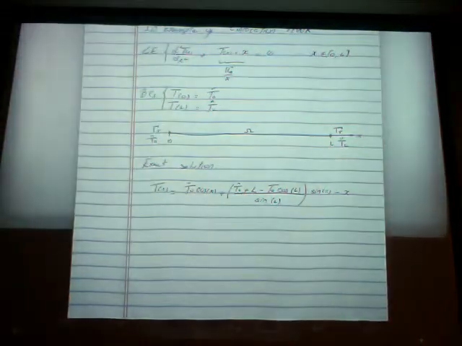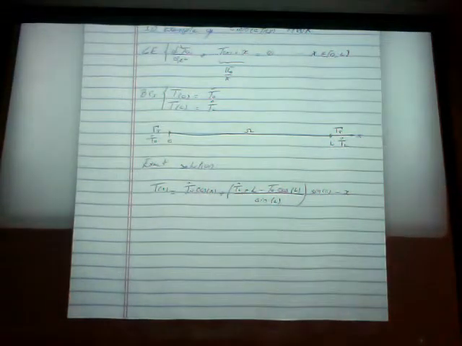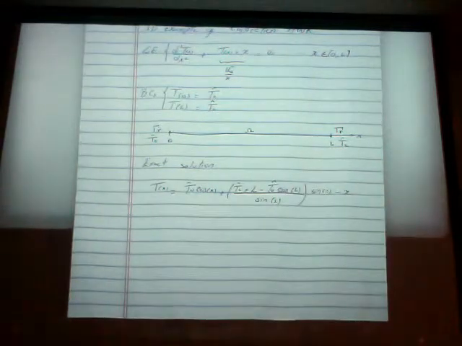Let me make sure this is correct, because it looks weird that we have an L adding a temperature.